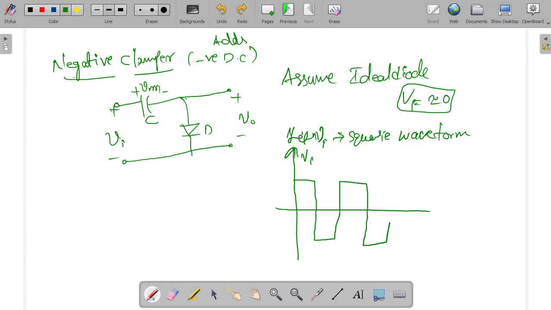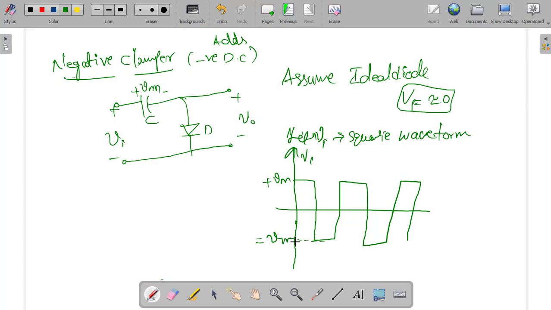So having plus Vm as positive maximum and minus Vm as negative maximum. So this is my input waveform. Now I have to draw the output waveform.